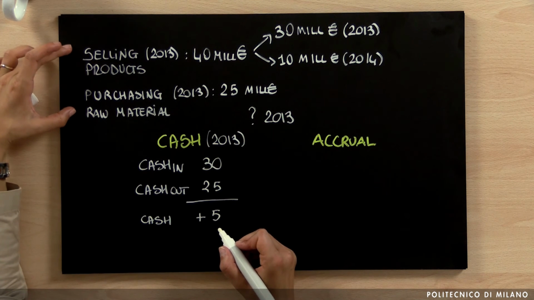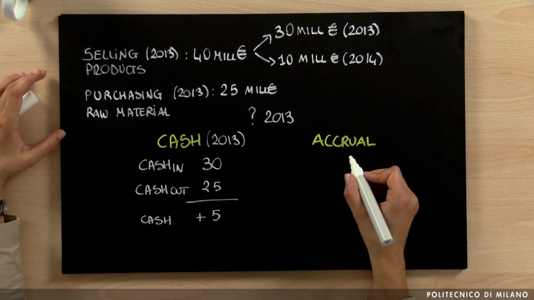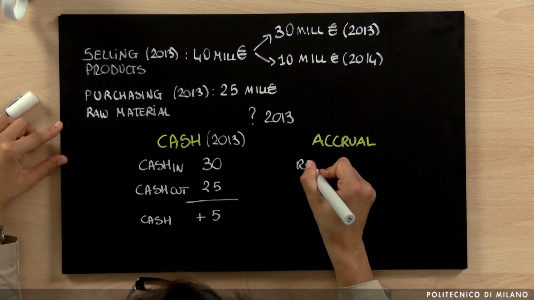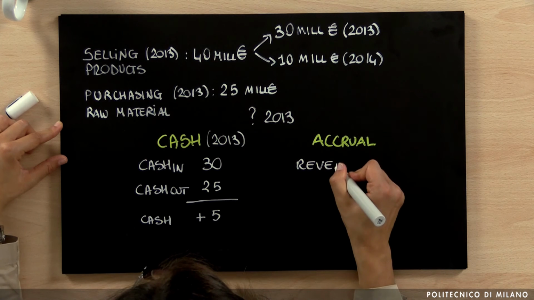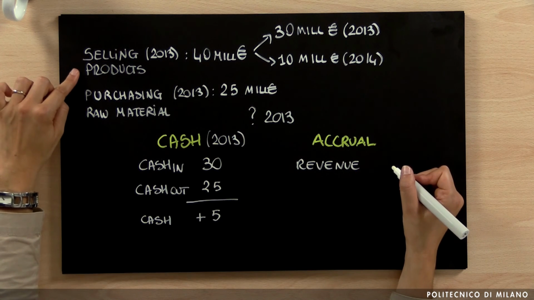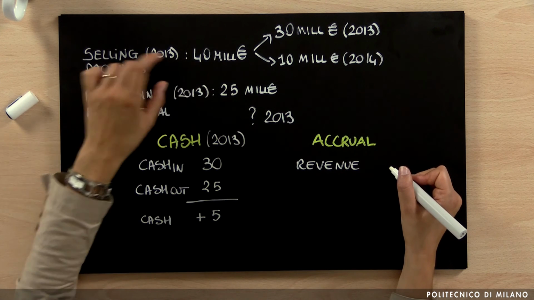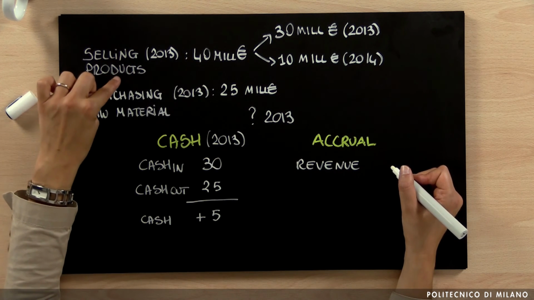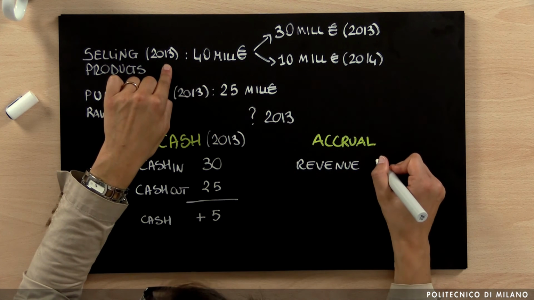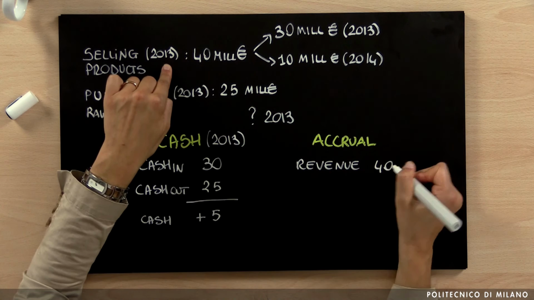Now let's register the same event by using an accrual logic. With an accrual logic, the starting point is the revenue. What's the revenue in 2013? The revenue is the overall amount that has been sold by the company, because the transfer of the property happened in 2013. So the revenue of this year is equal to 40 million.